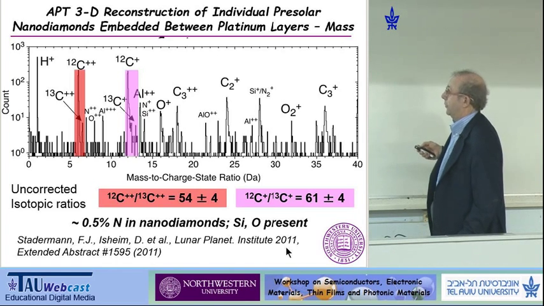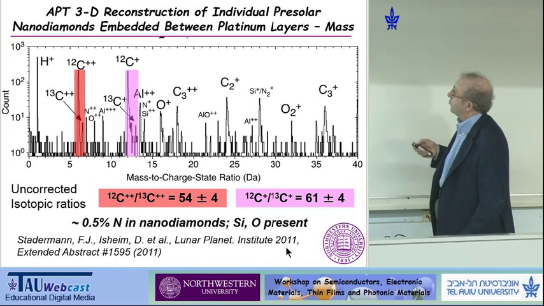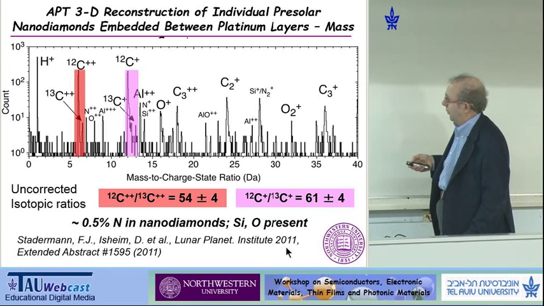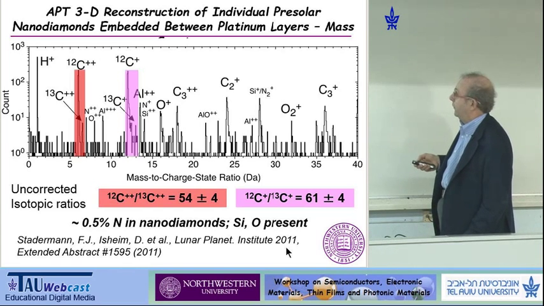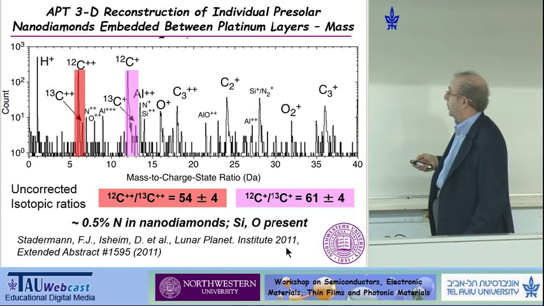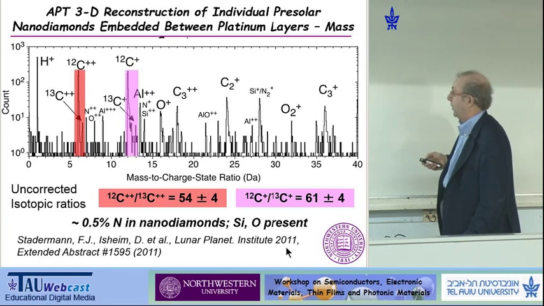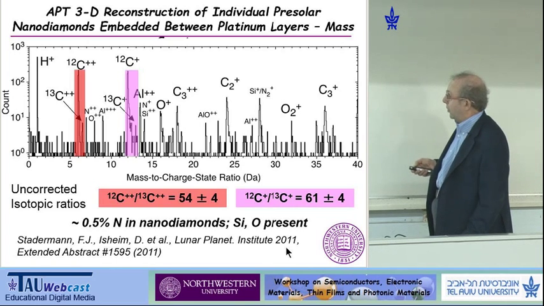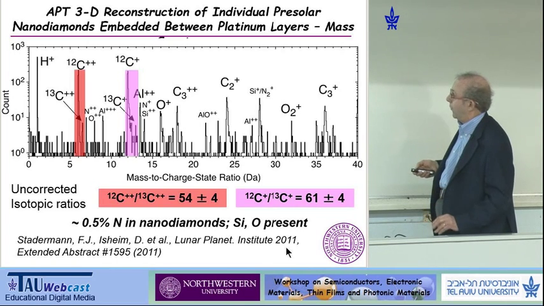Now, if we extract from this the uncorrected isotopic ratios of carbon-12 to carbon-13, we get about 54 plus or minus 4. And then in the singly charged state, it's about 61 plus or minus 4. Okay. Now, these nanodiamonds exist in nature with about 0.5% nitrogen.